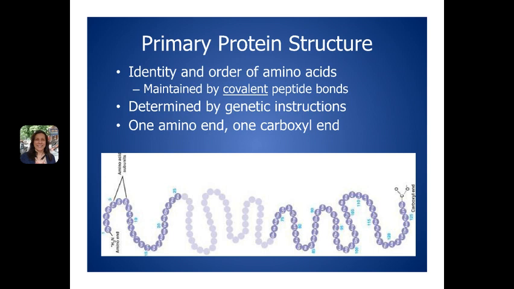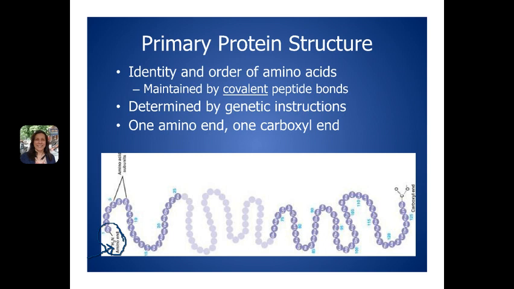Each polypeptide has an amino end and a carboxyl end. If we circle them, the amino end is over here, and it has the first amino acid that is added to the polypeptide chain, and that first amino acid is going to have a free amino group.